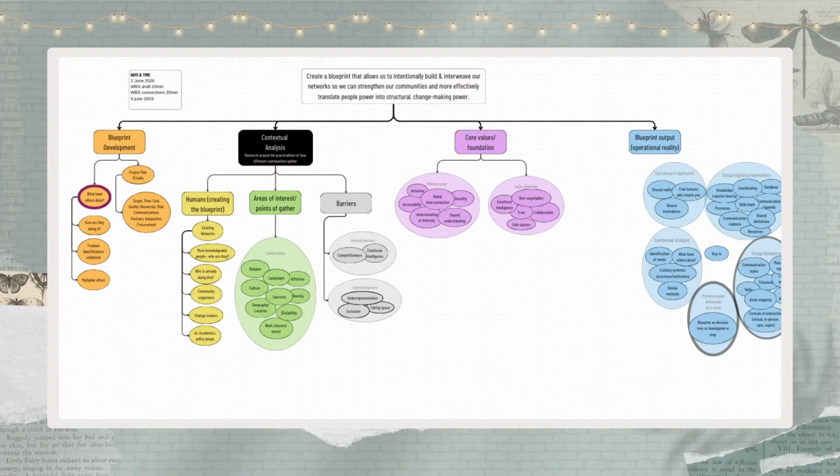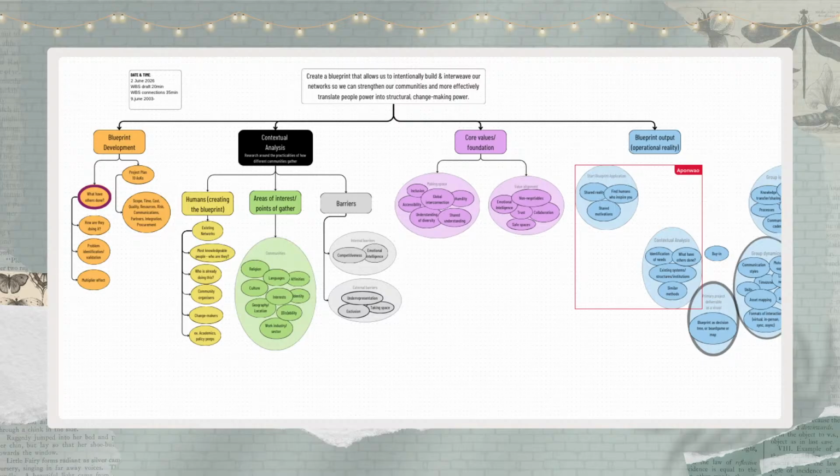I think the contextual analysis would be kind of key. It's probably in the same order as it is in the map, where it goes from the start of the application, then conducting the contextual analysis, correct.